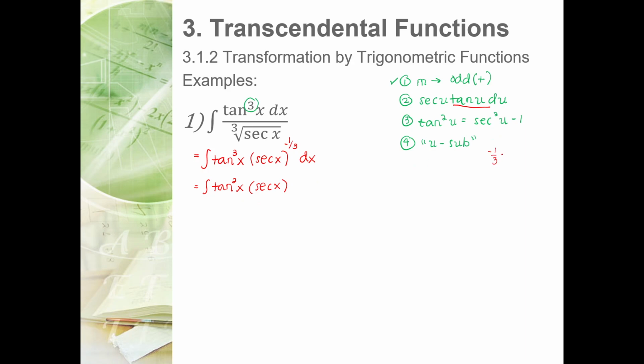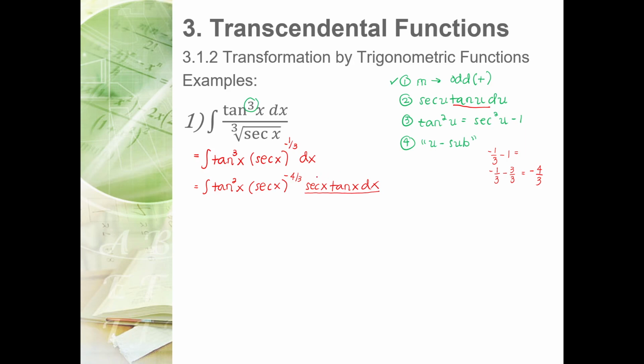Negative 1/3 minus 1 is, looking at the denominator, negative 4/3. Then what comes next is your factored out term, secant x tangent x dx.